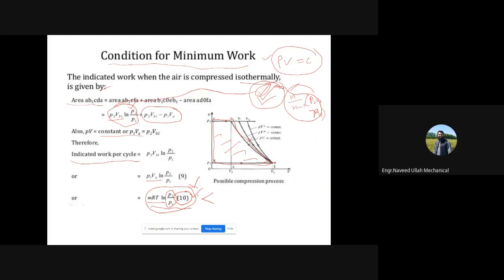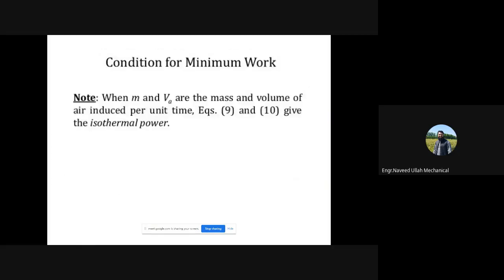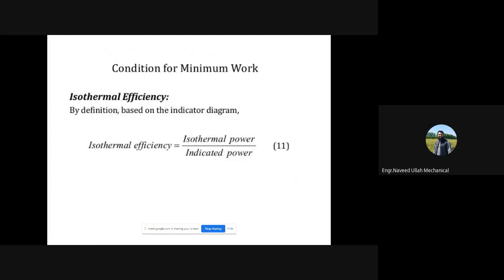So if the process is isothermal, this is the relevant formula to find out indicated work per cycle. And the one that we discussed earlier is for the polytropic process, right? And in the same way, we are basically repeating things. Okay, previously we also had isothermal efficiency, and similarly mechanical efficiency, but the process was polytropic.